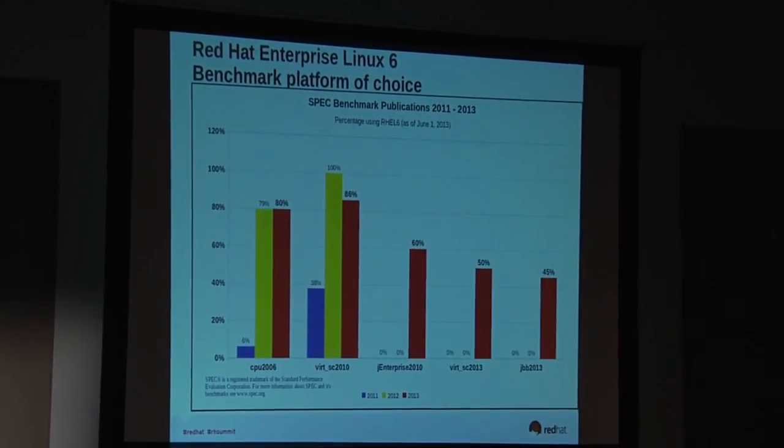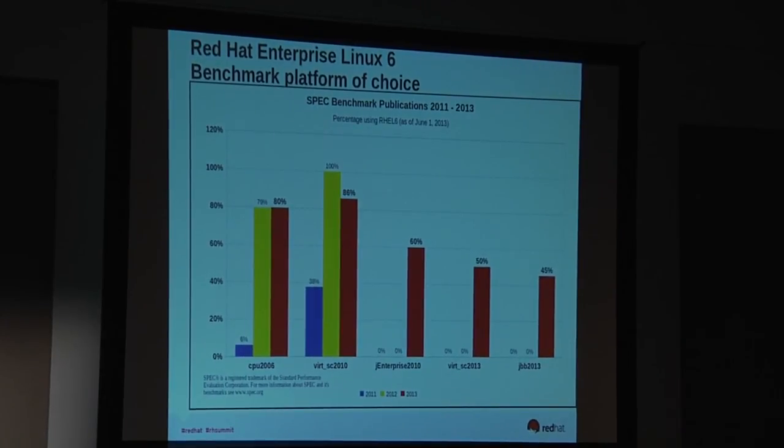And you can see whether it's a CPU load, virtualization load, JBoss, or middleware result, and Java results. More and more people are choosing to benchmark with Red Hat Enterprise Linux, OEMs, and so we're seeing a pretty strong growth. I mean, I don't necessarily want a monopoly, right?